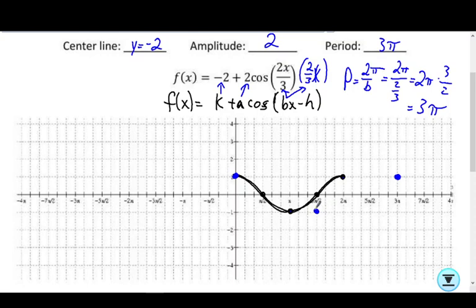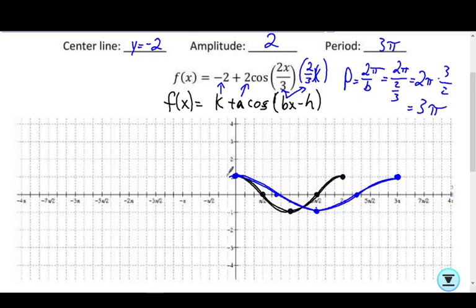And then halfway between 3 pi over 2 and 0, that's where this 0 should be, right there, and right there. So here is my horizontally stretched cosine.